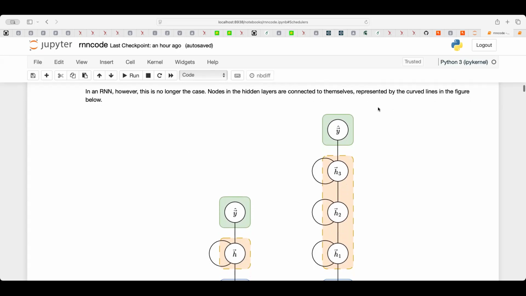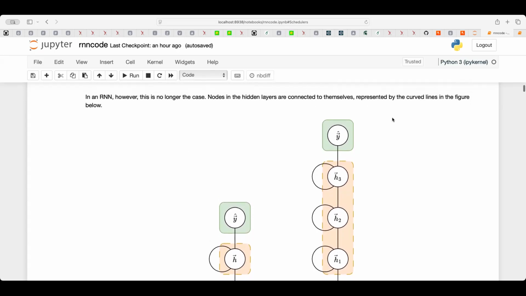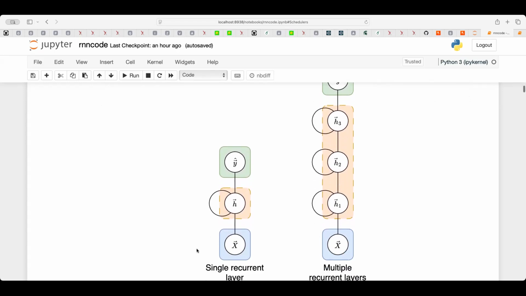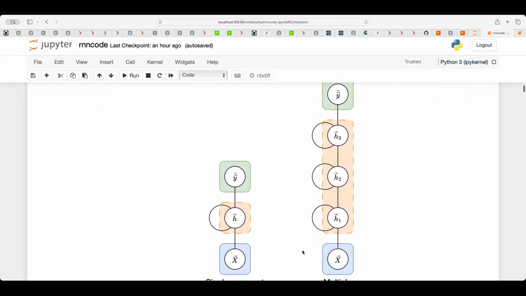This is graphically represented by the curved lines in the figure. This is a single recurrent layer, and you can have multiple recurrent layers within the same time step. Just keep in mind that this could be just one specific time step.